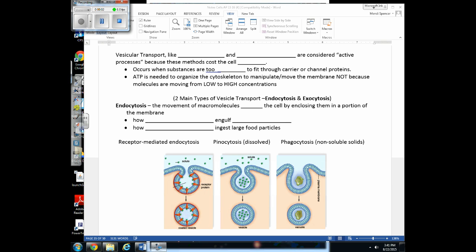If we are referencing vesicular transport, then we're probably talking about endocytosis and exocytosis. Now, these are considered active processes because they cost the cell energy.